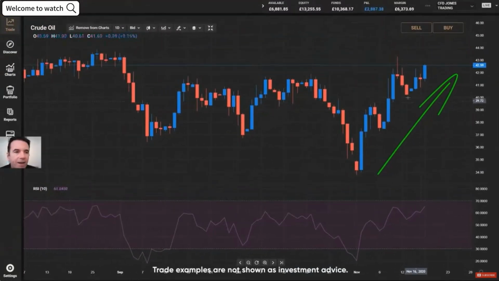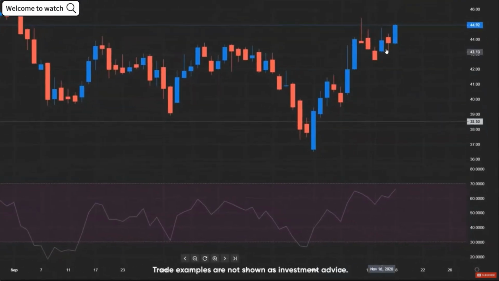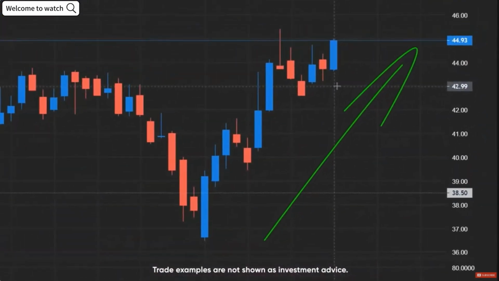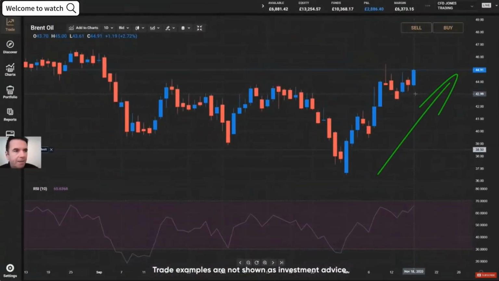Let's take a look at Brent crude. So the same move, Brent crude has gone from lows below 37 to trade at the moment just shy of $45. So we've seen more than an $8 move in Brent crude as well. So I think it does illustrate that whilst these are priced differently in the markets, West Texas versus Brent crude, the moves we see, not surprisingly, are broadly similar.